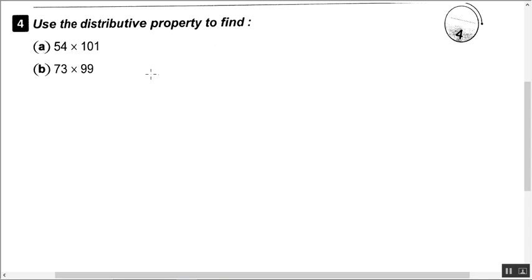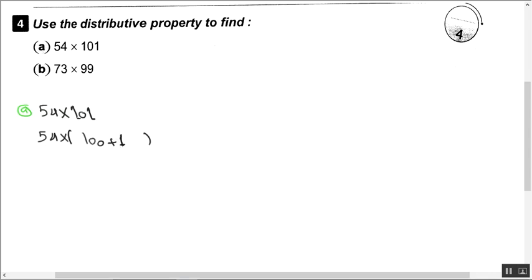Question number 4, he said use the distributive property to find 54 times 101. Question number A. We have 54 times 101. We can write 101 like this: 100 plus 1.